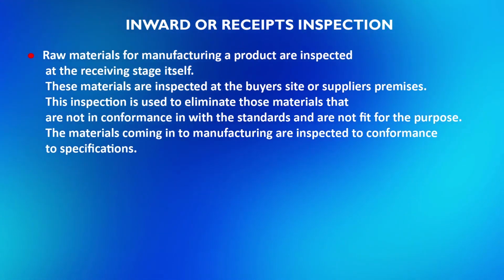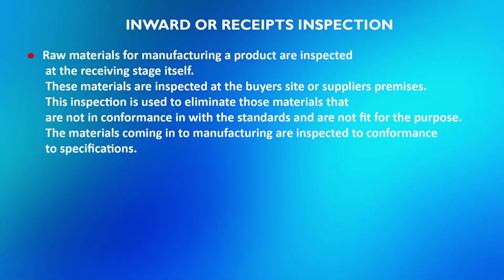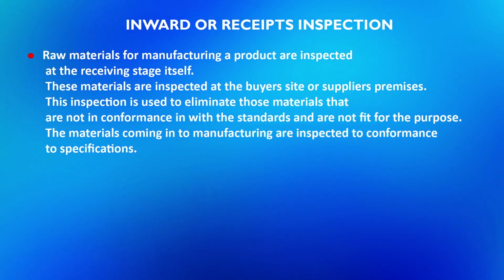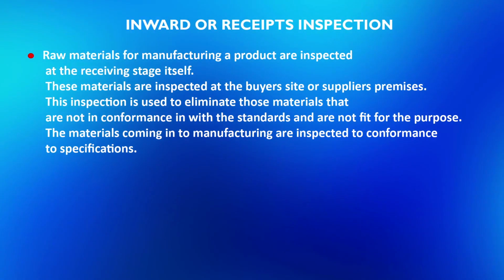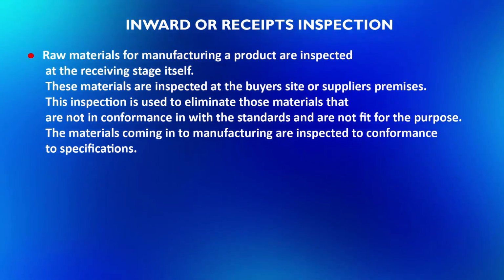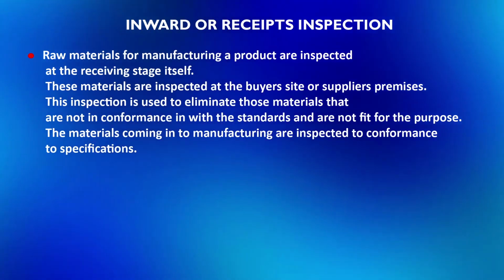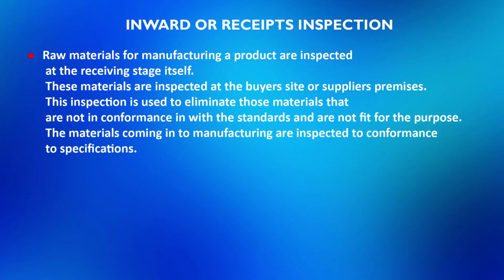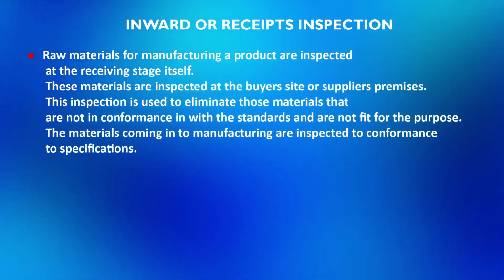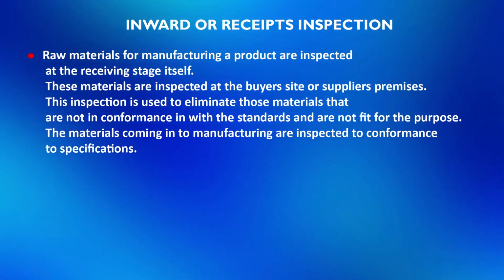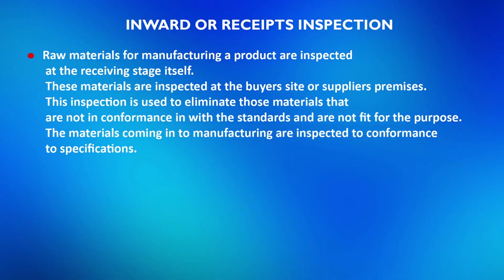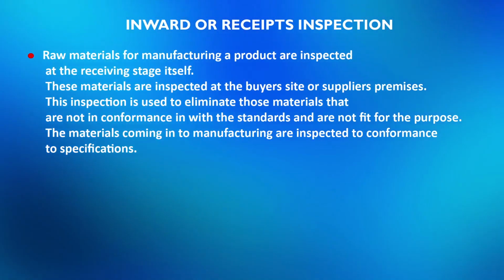That is known as raw material inspection. These materials are inspected at the buyer's site or supplier's premises. This inspection is used to eliminate materials that are not in conformance with the standards and are not fit for the purpose. The materials coming into manufacturing are inspected for conformance to specifications.